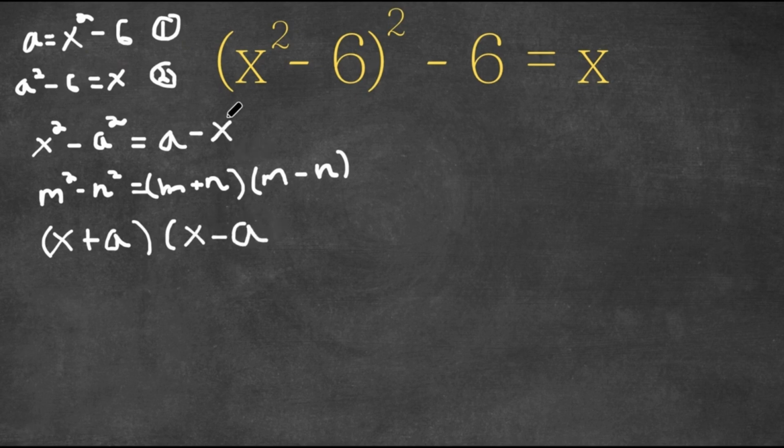And now if I add x on both sides, we would get plus x, and then if I subtract a on both sides, we would get minus a, and now because there's nothing left on our right-hand side, we would simply have 0.